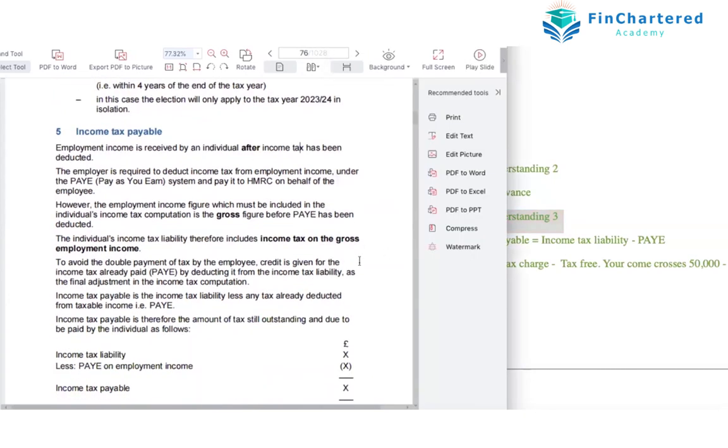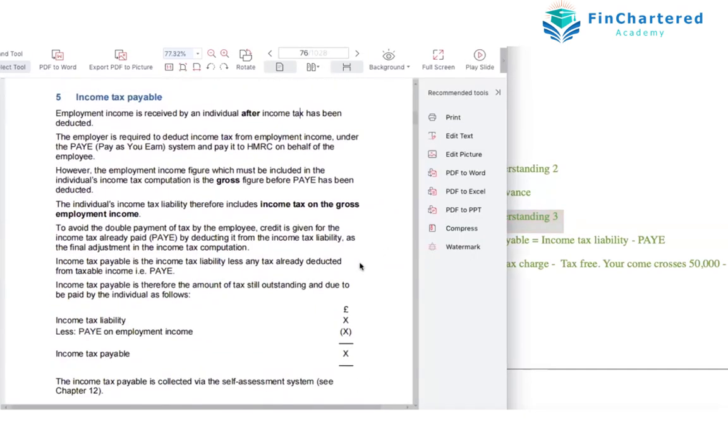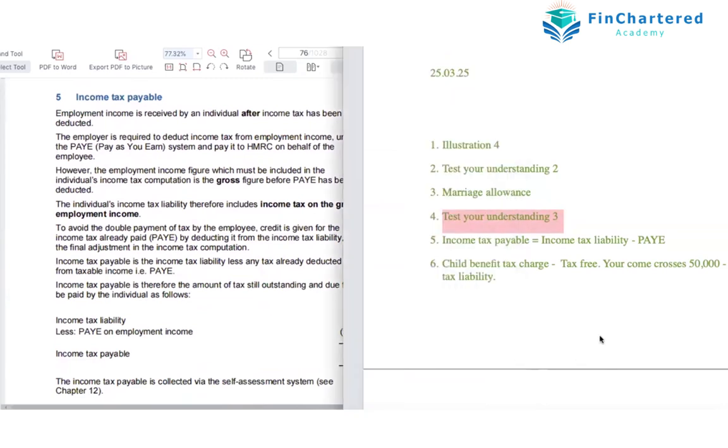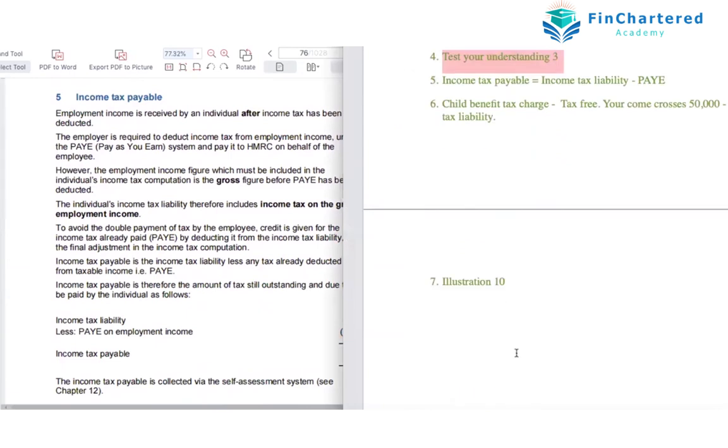Now, income tax. Here, again, we saw pay as you earn. What is pay as you earn? This is basically where you have to pay tax, correct?